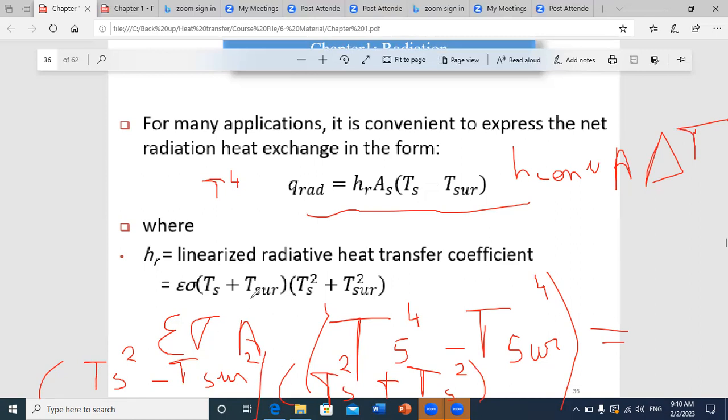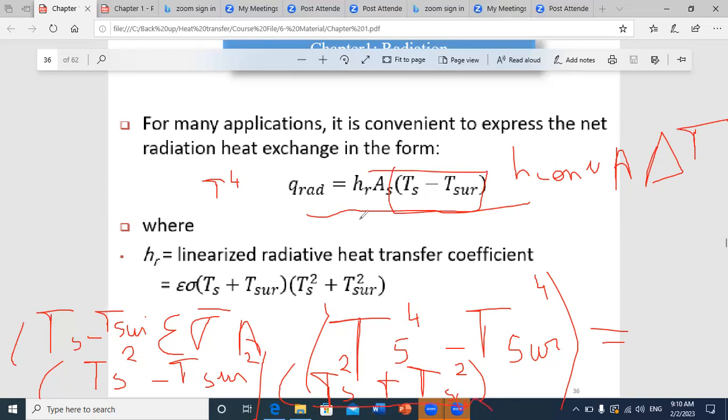So if you take the whole term other than T_s minus T surrounding, you will have (T_s minus T surrounding) multiplied by (T_s plus T surrounding) times (T_s square plus T surrounding square).